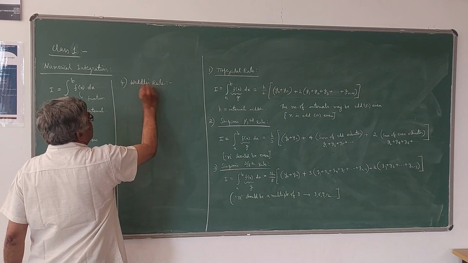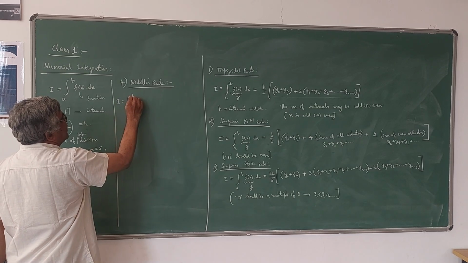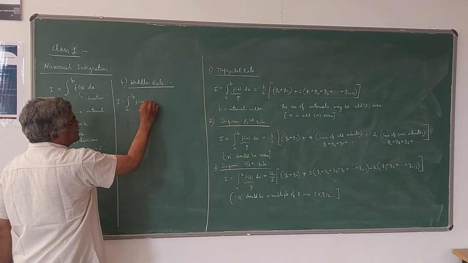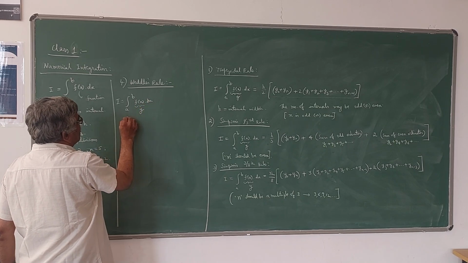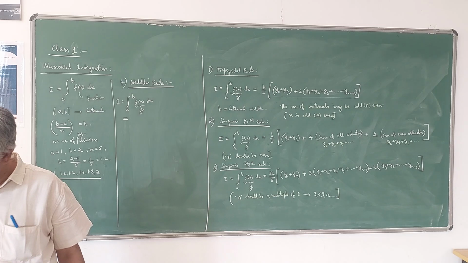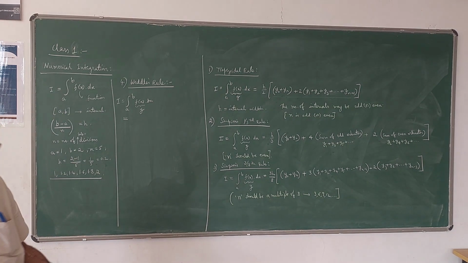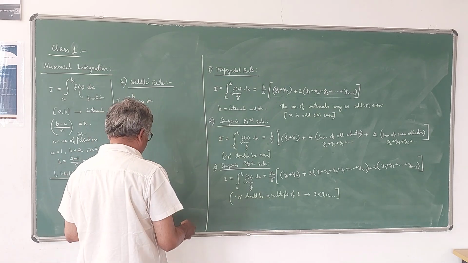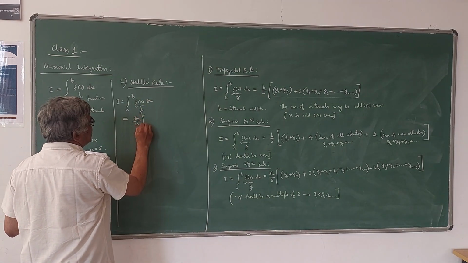So you have to remember the equation: I is equal to integral a to b f of x dx, where this f of x is your y. Now I will give the Weddle's rule. The Weddle's rule states that it is like this: 3h by 10. So the coefficients are varying.